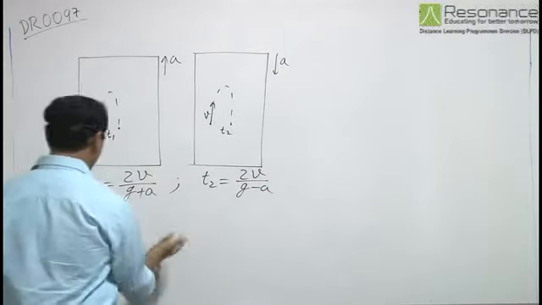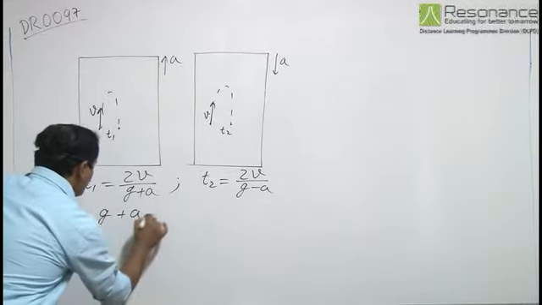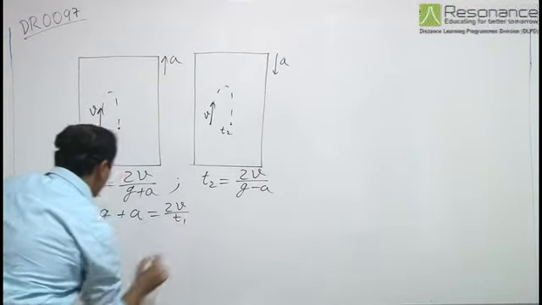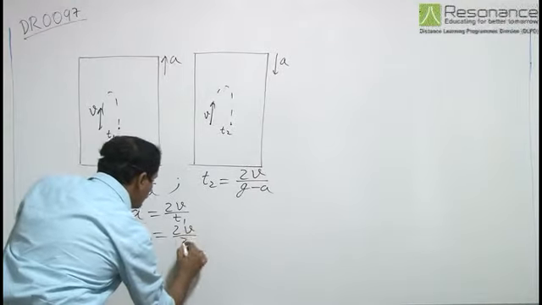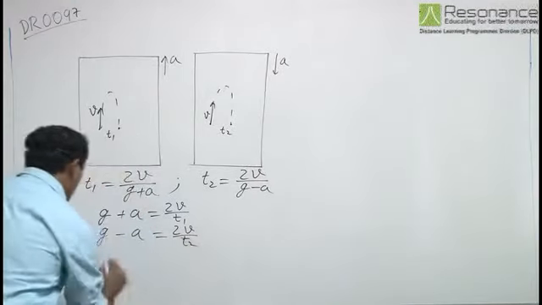So from here we have g plus a is equal to 2v by t1, and g minus a is equal to 2v by t2.